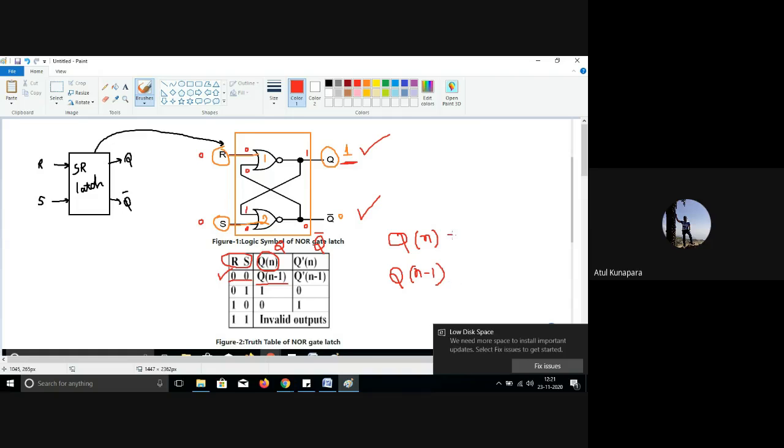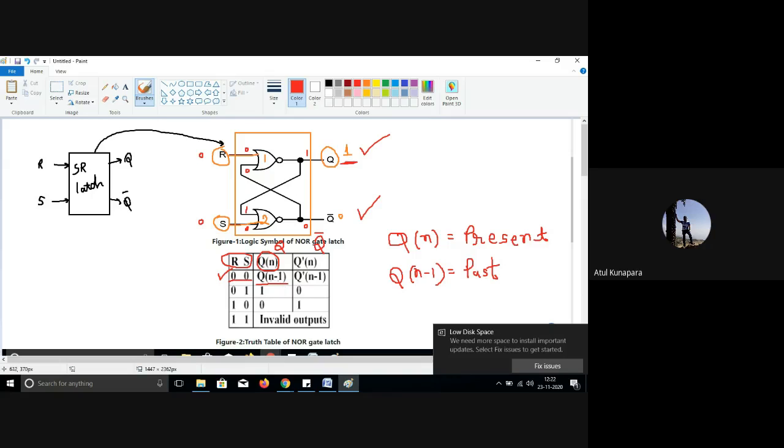Qn means it is your present output. Present means right now when you are checking it. And the Qn minus 1 means it was a past. It means before you are getting this output, what was the last output? That's why it is called the past output.